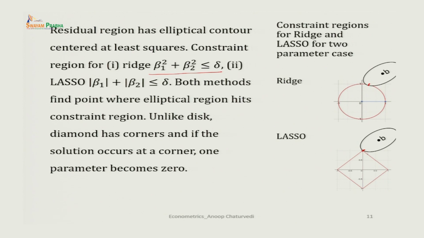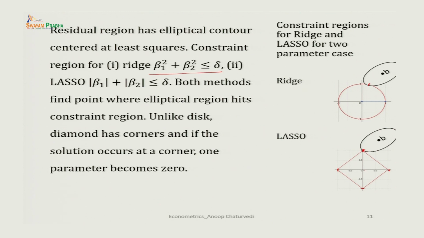But here in the diamond constraint, or in the lasso constraint, you find these corners, and then this elliptical region can hit this corner.